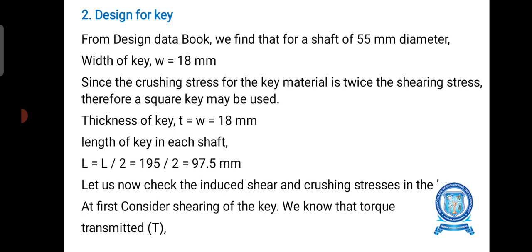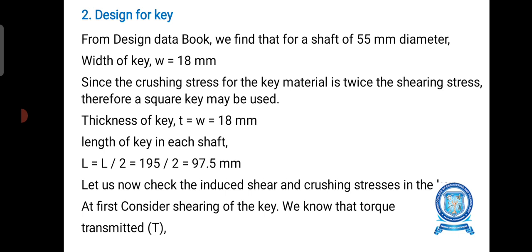Since the crushing stress for the key material is twice the shearing stress, a square key may be used. Thickness of key small t equal to W equal to 18 millimeter. Length of the key in each shaft equal to capital L by 2, that means 195 divided by 2, we get 97.5 millimeter.